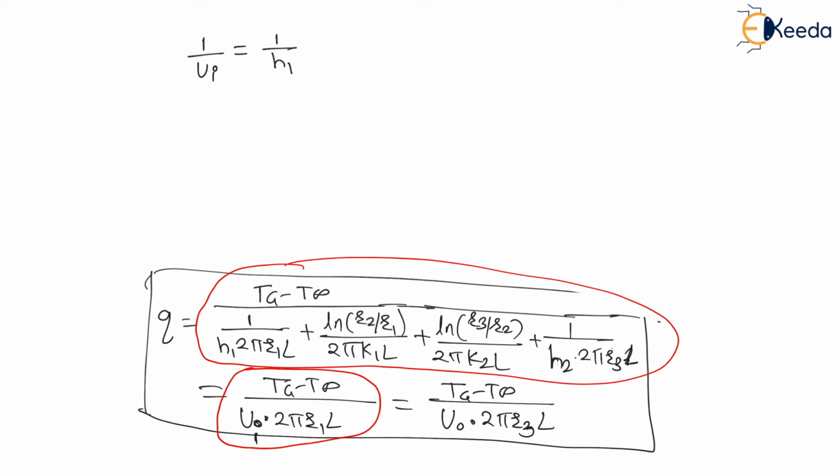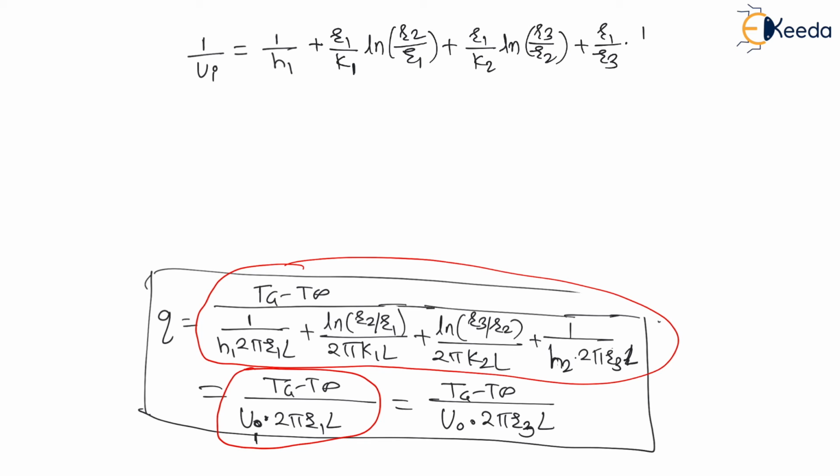So I am directly writing the result: plus 1 upon h1 plus r1 divided by k1 into ln of r2 divided by r1 plus r1 divided by k2 ln of r3 divided by r2 plus r1 divided by r3 into 1 upon h2. This will be the overall heat transfer coefficient based on inside area.